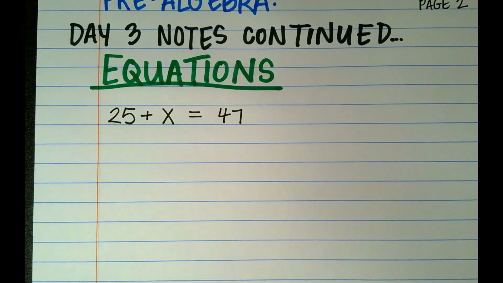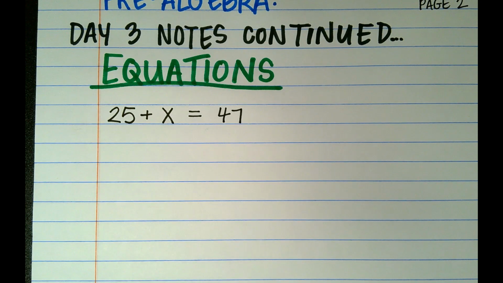So we have to find out what goes for that x that made that 47. Add up from that 25. Here we go. I'm going to teach you a trick that's going to make this so easy.